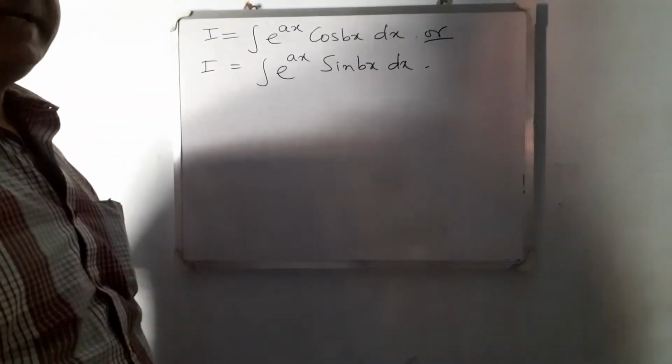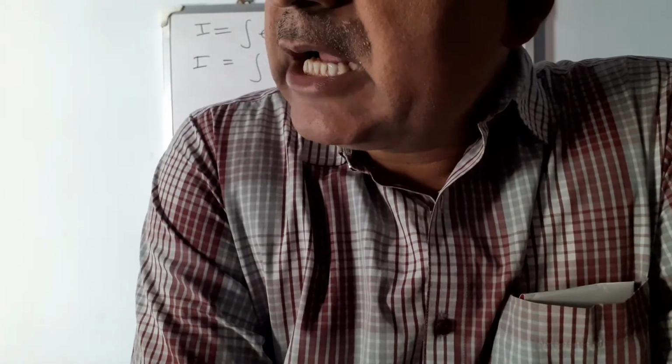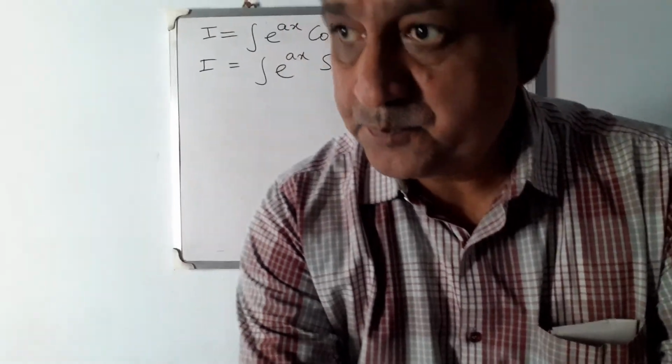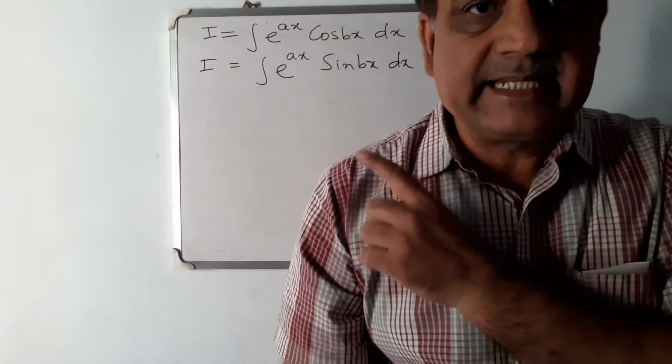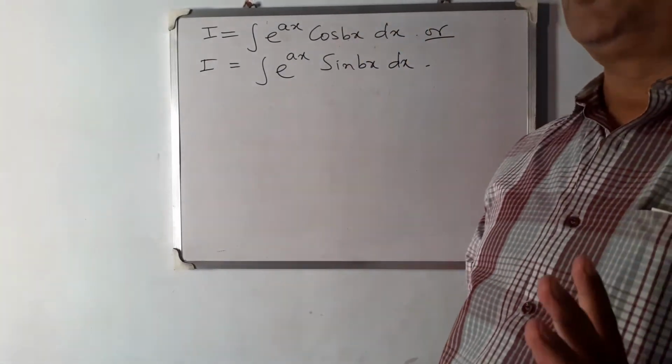Boys, in the method of substitution, I have already told you that exponential integrations are basically of three types, and two types we have already discussed earlier. Now, this is the third one, and it is also a type of exponential integration.